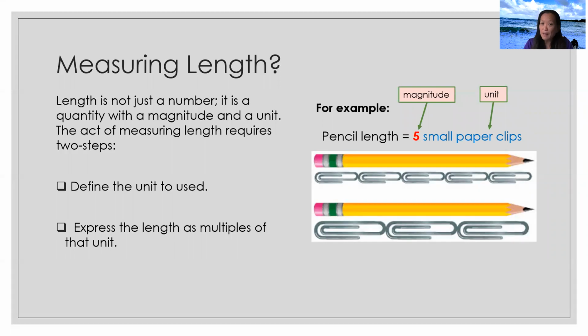Now the same pencil, however, is 3 units long if the unit is large paper clip. So it's very important that you define the unit that you are using to measure before you actually say what the quantity is for that measure.